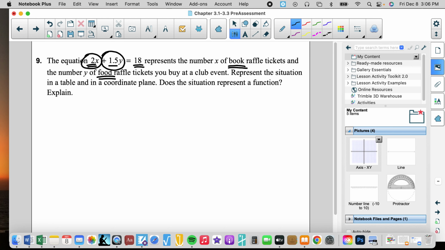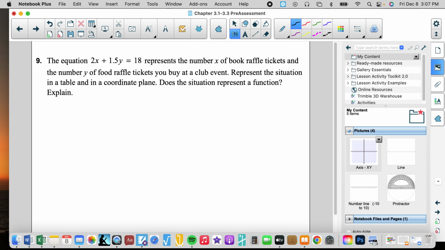And 18 says, when does the total equal 18? So that's going to be a very interesting solution. Represent the situation in a table, and let's see what we get.